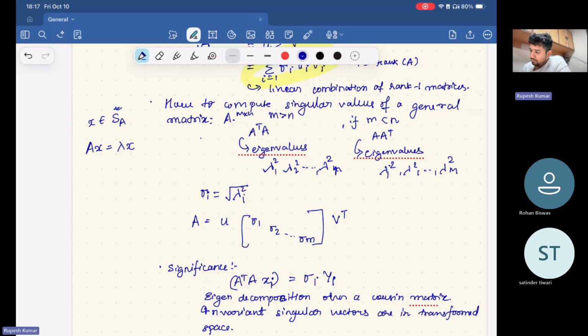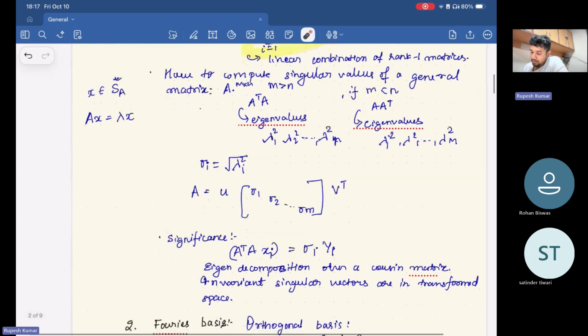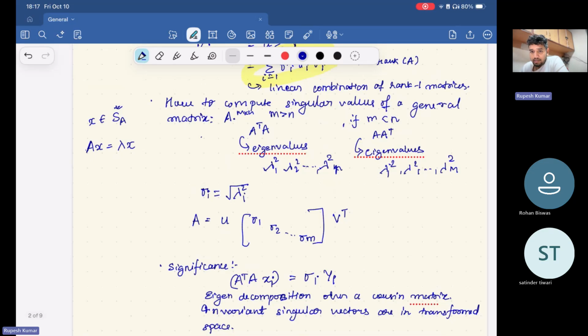So what we were saying is that we have something known as eigenvalue decomposition that we already know. It comes from the idea of eigenvectors and eigenvalues, which says that for any square matrix, you can find a space S such that if you take a vector from that space and transform it by matrix multiplication with the matrix A, that vector will only be scaled by some amount, and that amount is known as the eigenvalue.